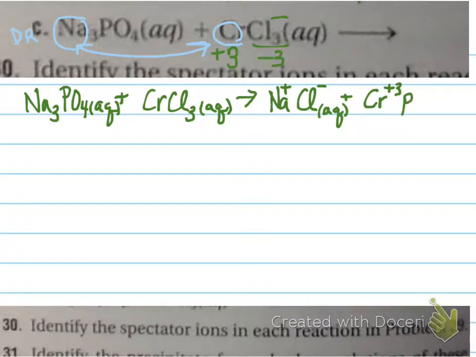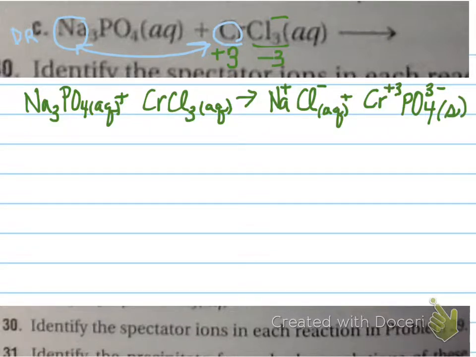And then phosphate is PO4, -3, so I crisscross down 3's and then reduce. For phosphates, I'm looking at rule number 5, and it says most are insoluble, and an exception is alkali metals and ammonium, and neither of those are chromium, so most are insoluble, which means I should put a solid.